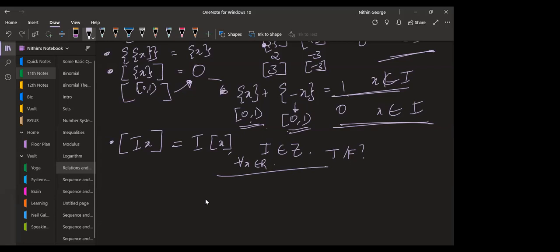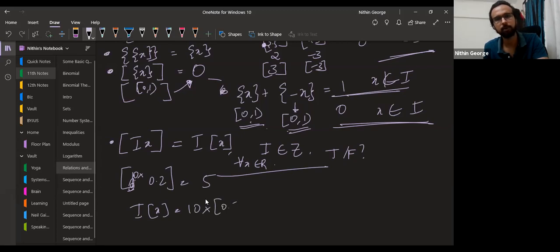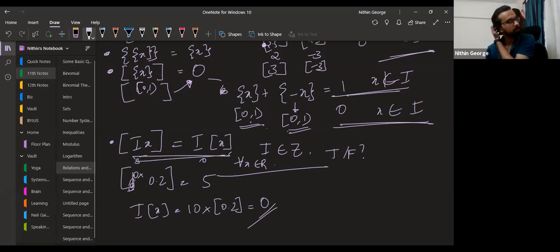Correct. Put x equal to 0.2 and I equal to 10. What do you get here? You get 5. But what is I into this? 10 into f of 0.2, which is 0. In one case you get 5, in the other case you get 0. You can clearly see that they are not the same. So just be very careful of these transitions. Don't directly go for this. So this is not equal to this, and false is the right answer.